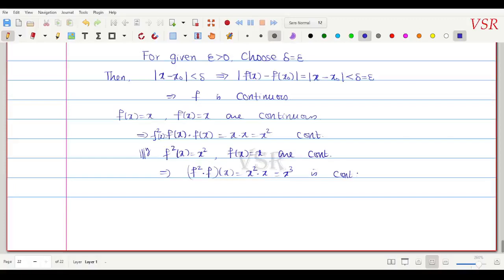Similarly, I call it f cube, and so in general I may write that x to the power n is continuous. That means h of x equal to x to the power n is continuous.